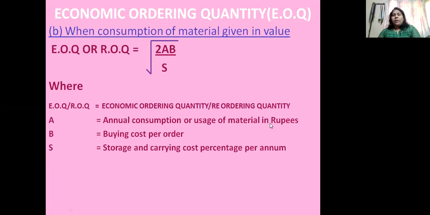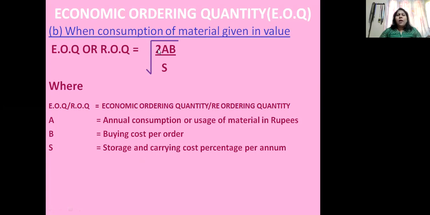Okay. Now, there is another formula, that is root of 2AB divided by S. On what occasion can you apply this formula? When annual consumption or usage of material is given in rupees, you can apply this formula, root of 2AB divided by S. Okay, same thing.